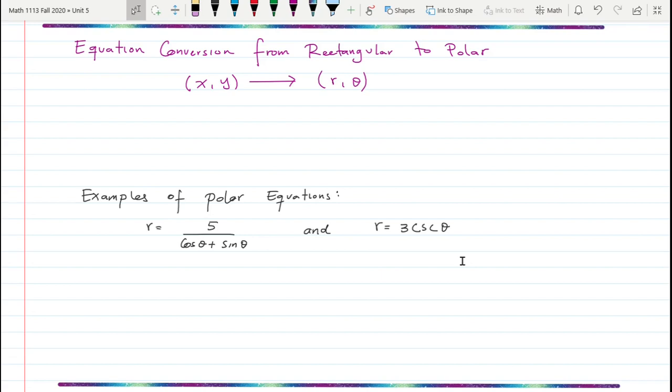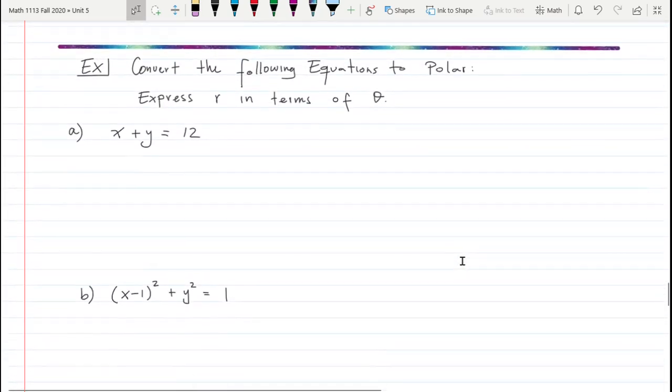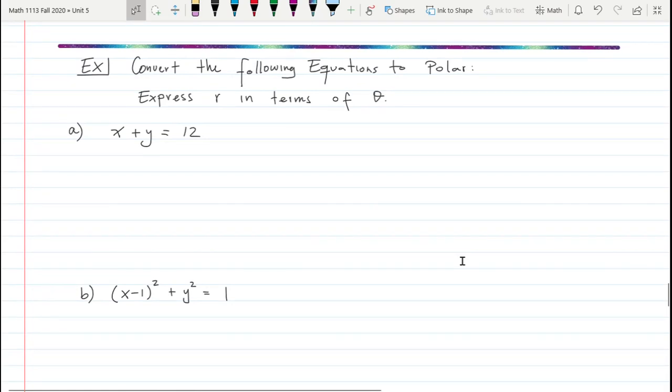Okay, so let's do a couple of exercises converting an equation into polar. The directions are, and they'll always be, to express r in terms of theta. So we need to remember those previous definitions.